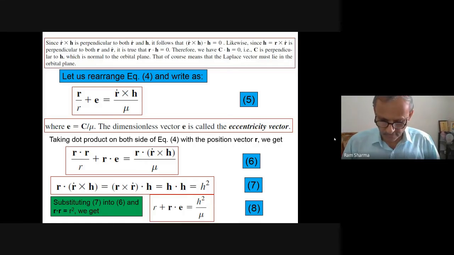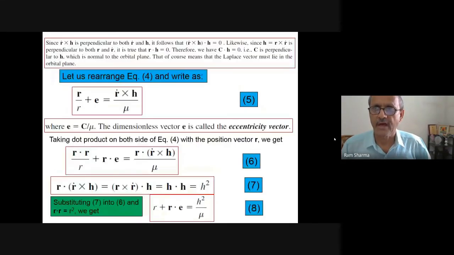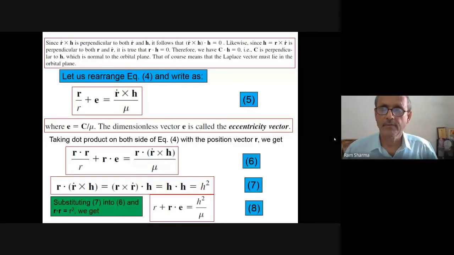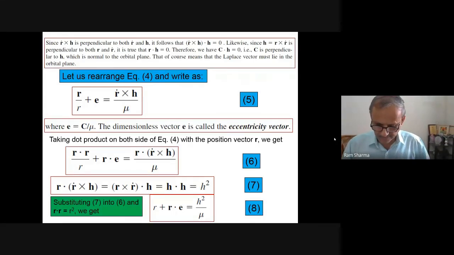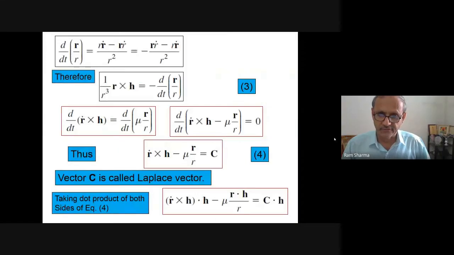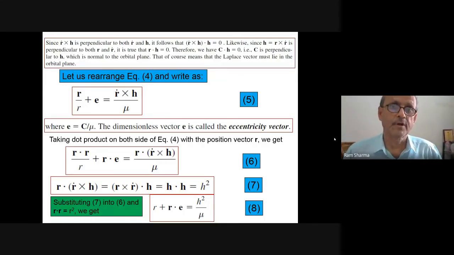The first term is 0, and similarly H is R cross R dot, which is perpendicular to R and R dot. So we get H dot R also 0, because R is in the orbital plane and H is perpendicular to the orbital plane. So on the left hand side, both terms are 0 in this last equation. So C dot H is 0. C dot H is 0. So C is perpendicular to H, which is normal to the orbital plane.